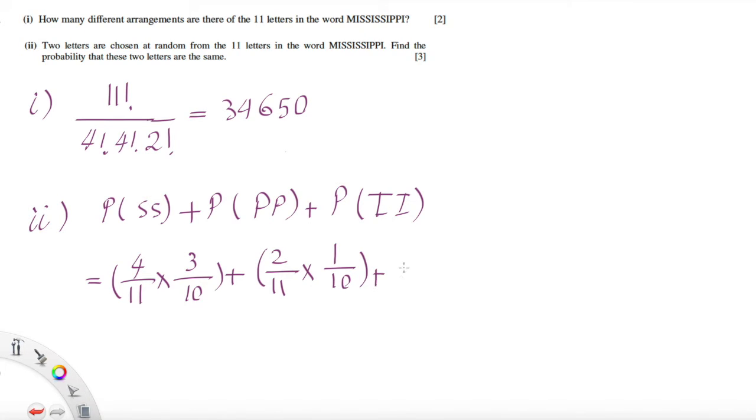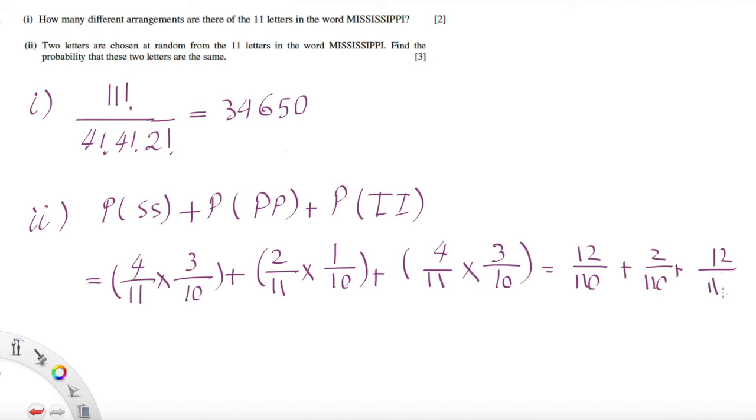Plus for I, you have 4 I's, so 4 out of 11 times, if the first letter is I, in the next trial you will have one less I, so it will be 3 over 10, which overall will be 12 over 110 plus 2 over 110 plus again 12 over 110, which will give an answer of 26 over 110, which simplifies to 13 over 55.